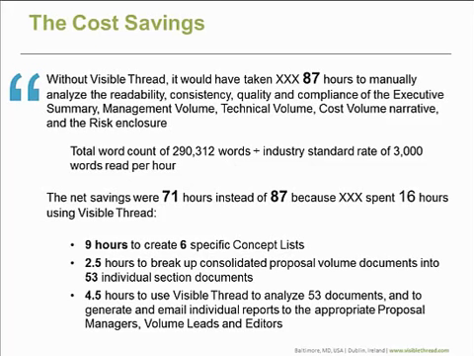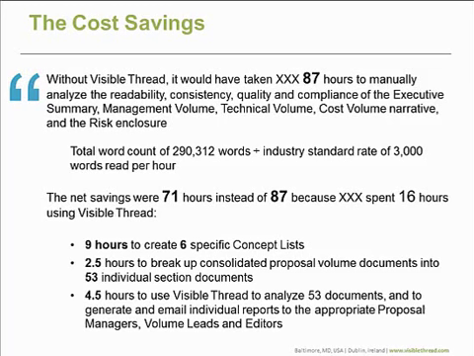So what they say in the very top portion of this slide is it would have taken us 87 hours to manually analyze the readability, the consistency, quality and compliance, the executive summary, all of the various bits and pieces that go into creating a good proposal. They did an analysis internally which looked at the total word count and what the rate of reading and review would be per hour.